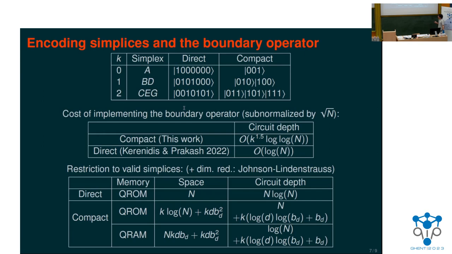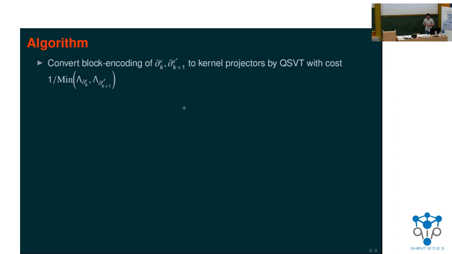So that's a way to remove these parameters that we mention in the paper. The algorithm is just converting the block encodings of these boundary operators to projections onto the kernels of these operators. You do it by QSVT. You need to know the gap of this operator, and then you can map the spectrum to basically a binary spectrum approximately.